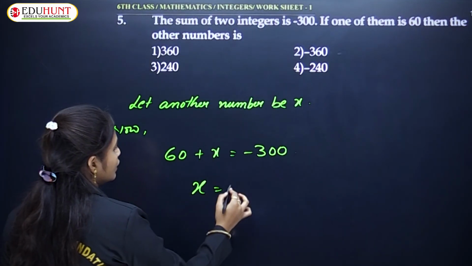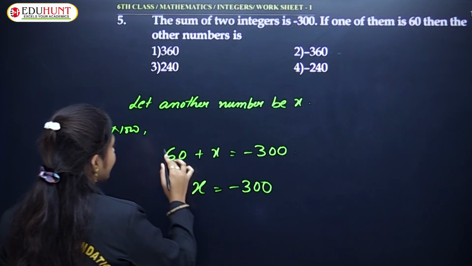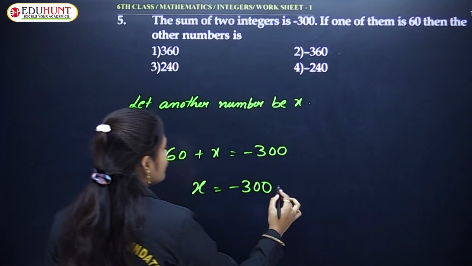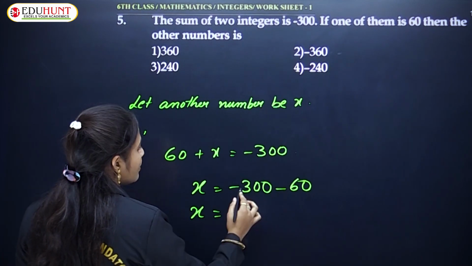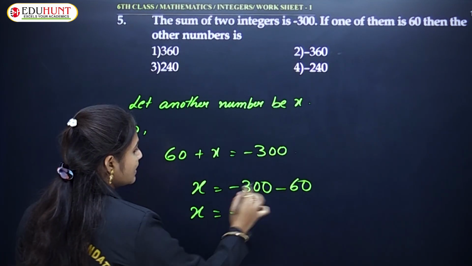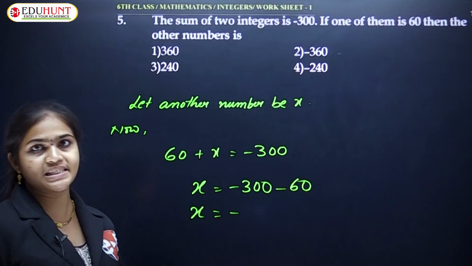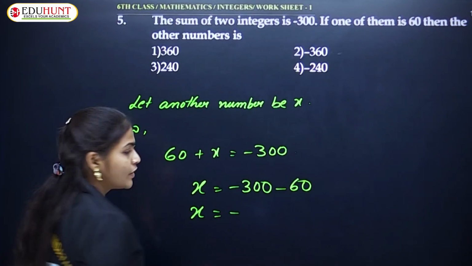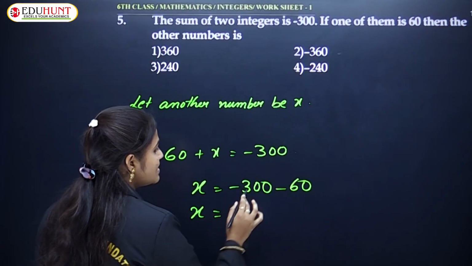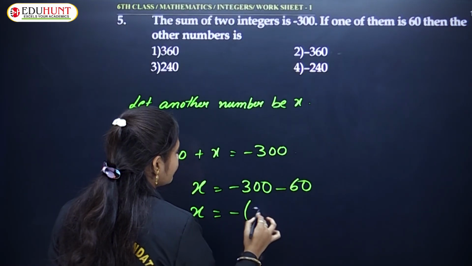So x is equal to minus 300 minus 60. While these two numbers have the same sign, we just add the numbers and keep the sign they have. So the sign is minus and 300 plus 60.